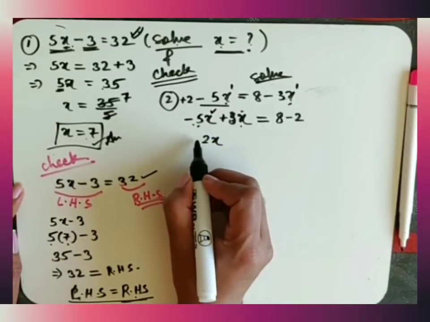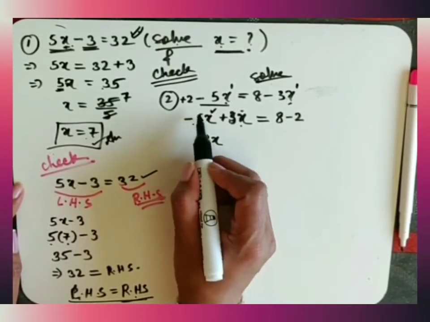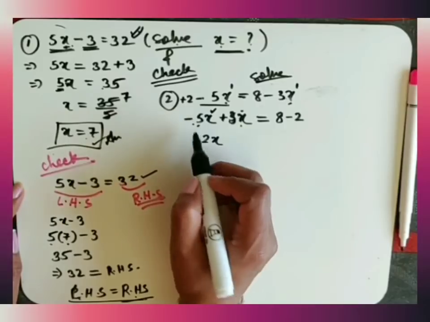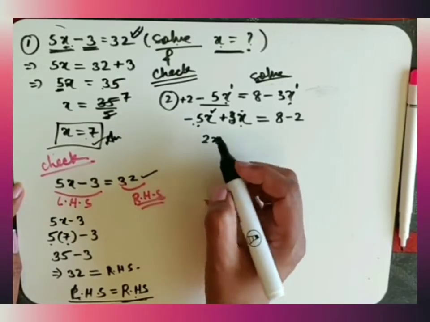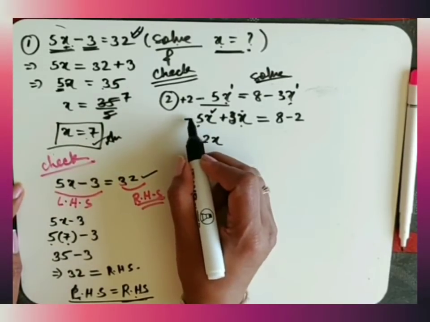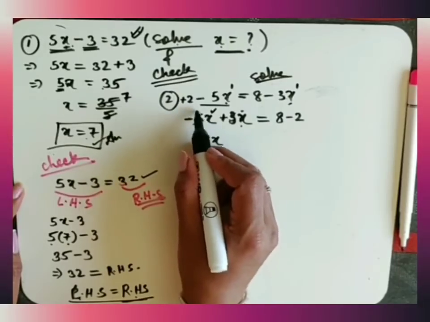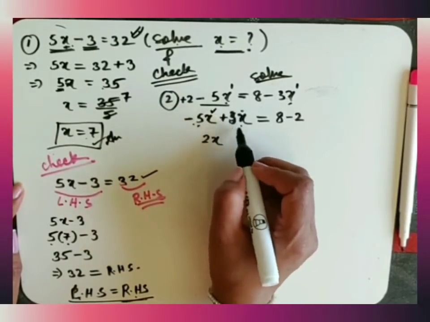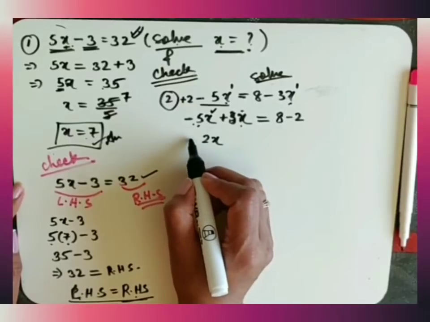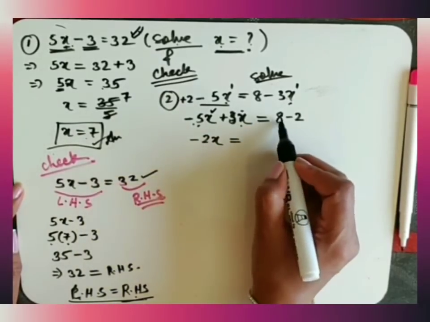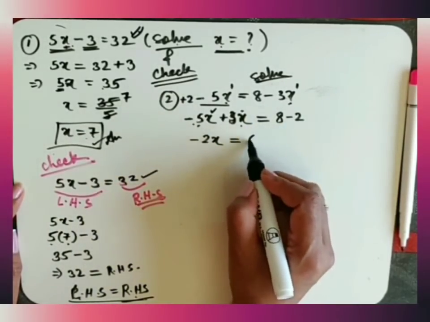But what will be the sign here? The sign beside the bigger number, that sign will come over here. You can see the minus sign is beside the bigger number. 5x is the bigger number and 3x is the smaller number. So here it will be minus 2x, and here 8 minus 2 is 6.